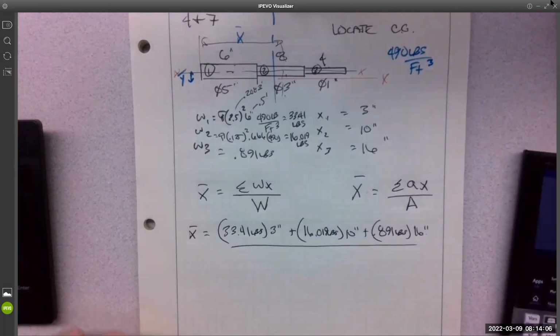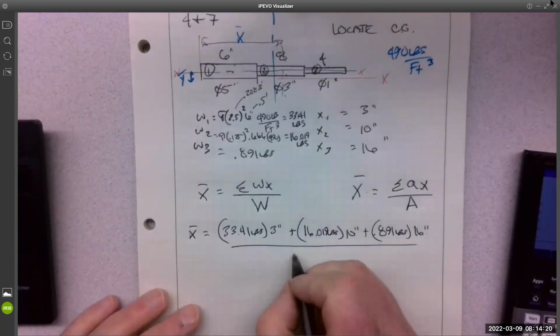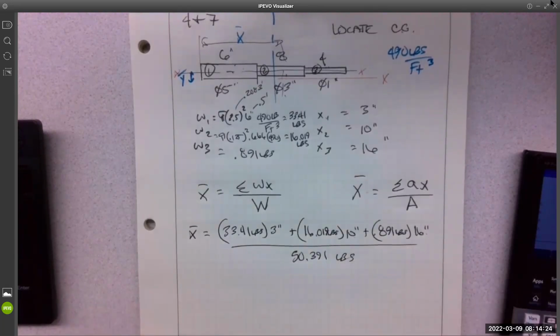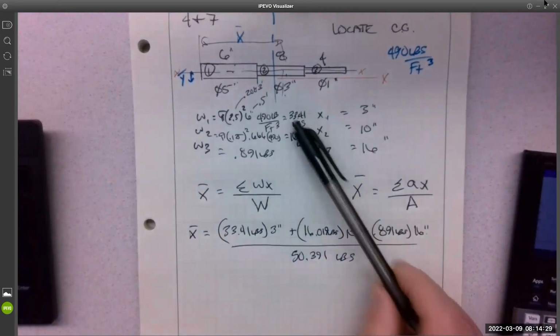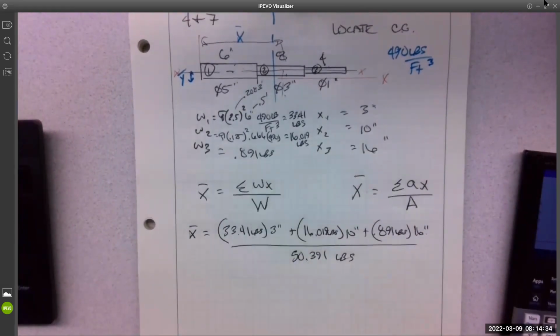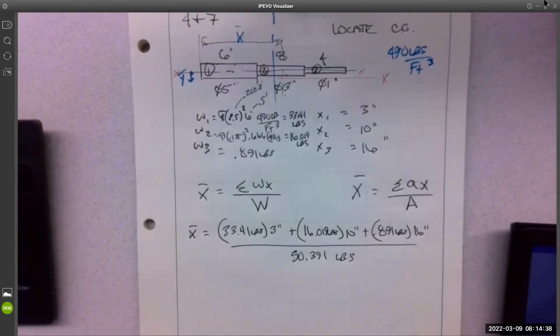I'm just going to add those up. $50.9391. That's 33 plus 16 plus 0.891. Now I will crunch this.